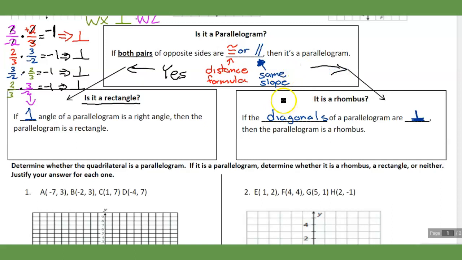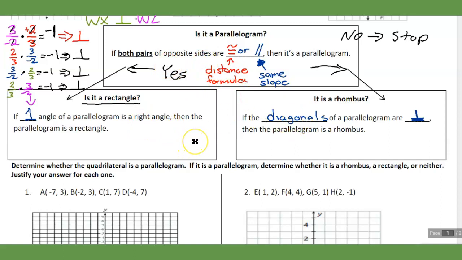We have to do both. If the answer is no, you stop. Because if it's not a parallelogram, it's not going to be a rhombus or a rectangle. That's impossible, right?